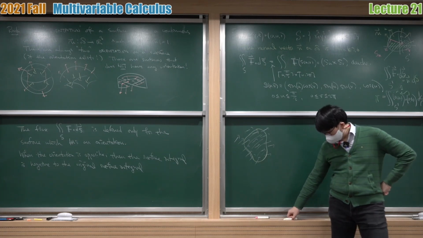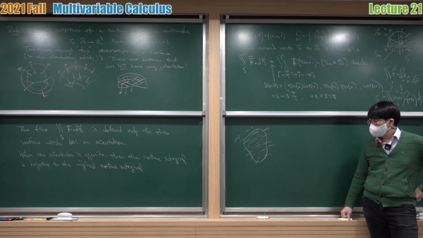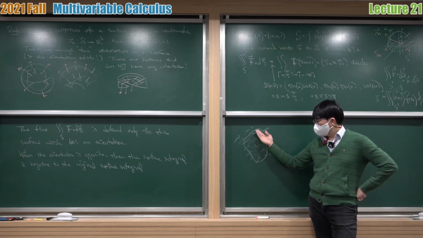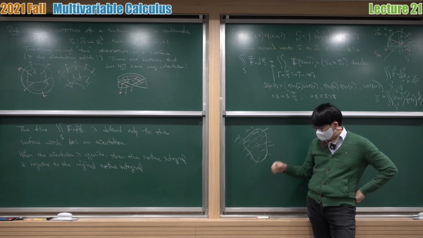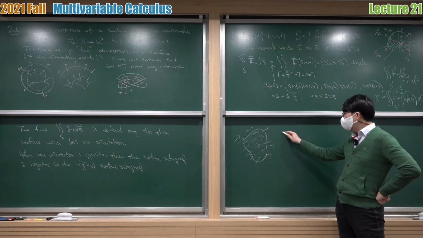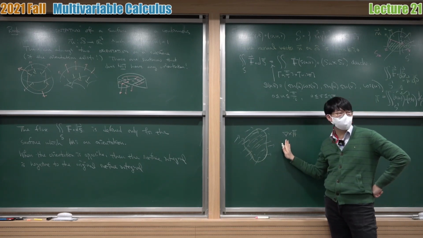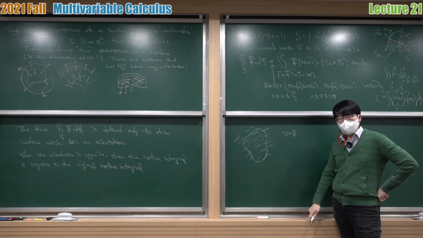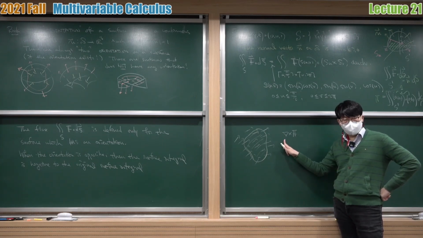And also, we're going to talk about the Stokes theorem, and Stokes theorem talks about the relationship between the line integral and the surface integral, and it involves the curl of a vector field. You probably have seen this symbol in physics. So, in my point of view, if you try to interpret the meaning of the curl of a vector field, you need the Stokes theorem.